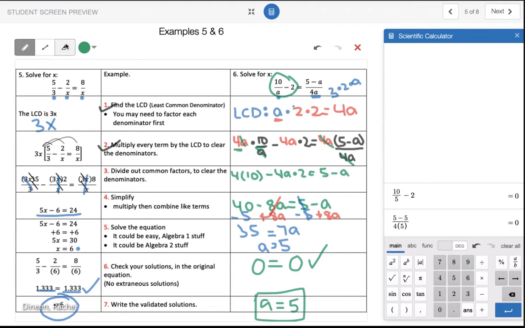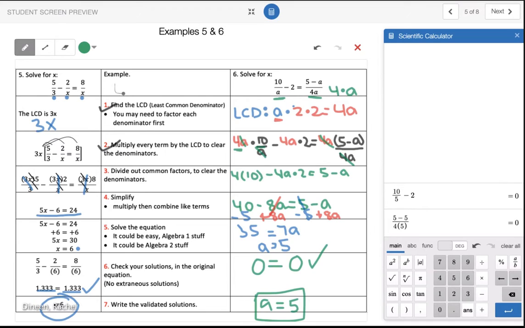Okay, so going back to building the LCD. My first denominator is a. My second denominator is 4a. And if we want, we could also just write it as 4 times a.